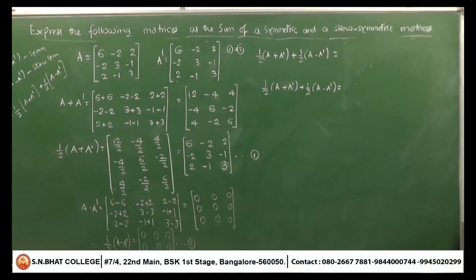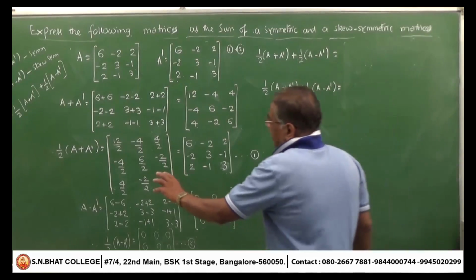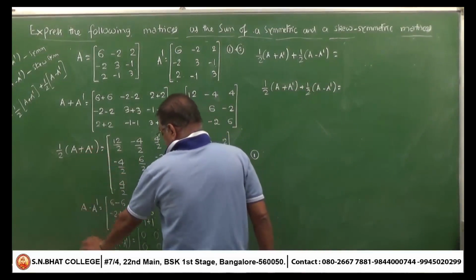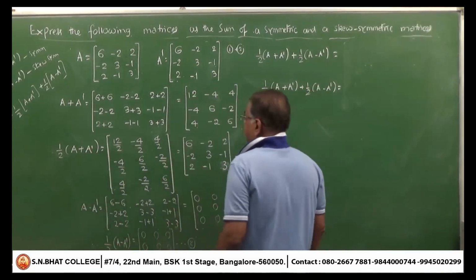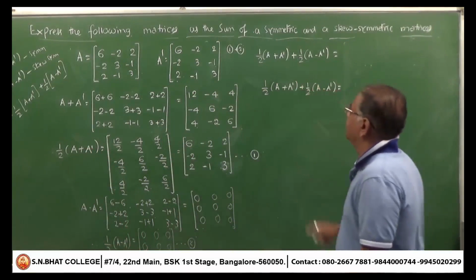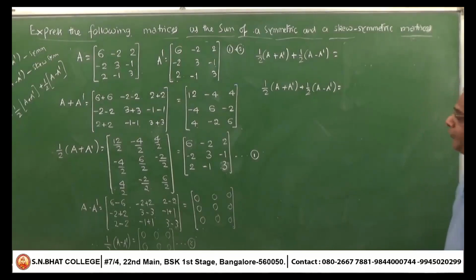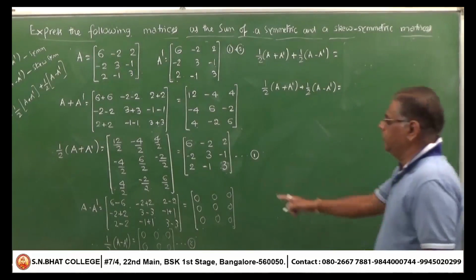You have to calculate first A plus A transpose, then half into A plus A transpose, equation 1. Next, A minus A transpose, half into A minus A transpose, equation number 2. Next, you have to add 1 and 2. While adding, you have to add the left hand side separately, right hand side separately. Half into A plus A transpose plus half into A minus A transpose.